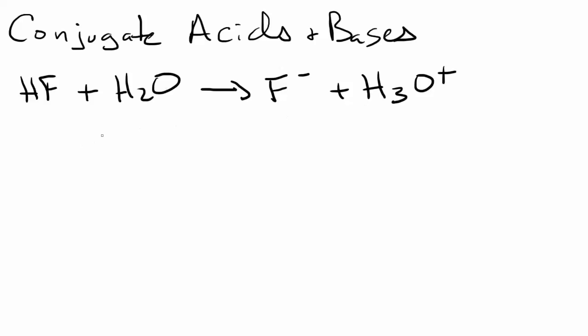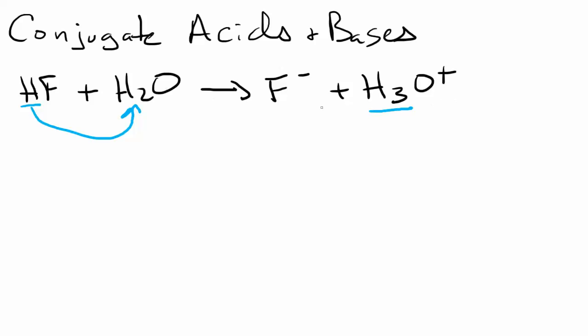So this would be considered an Arrhenius acid, plus it fits the definition of the Bronsted-Lowry acid because the hydrofluoric acid is giving its proton to the water. That's literally what happens. It gives this proton right here to the water, and that's how we get the H3O+, because one more proton with H2O is H3O+. And then of course that leaves the fluoride ion by itself.